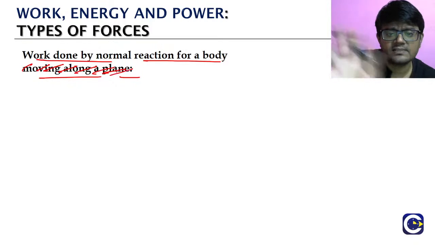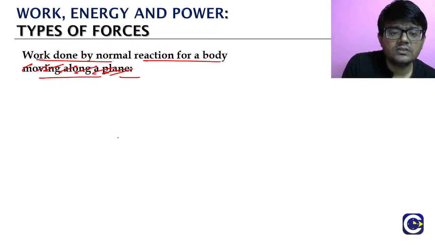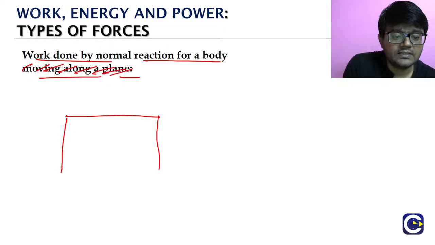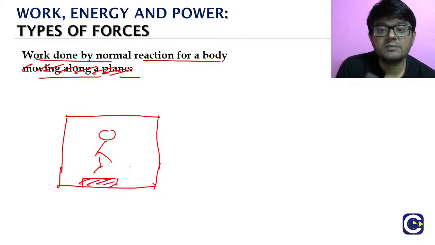Let's say the general case: work done by a normal reaction for a body. I will take you to the lift, a person standing in a lift. We have discussed this example, remember? The concept of the apparent weight.